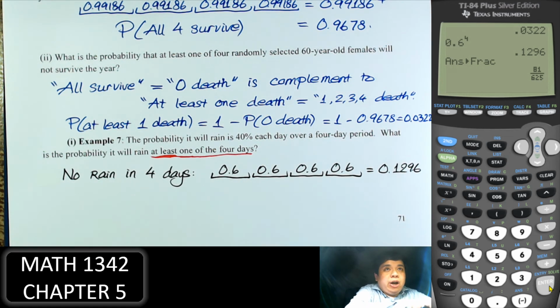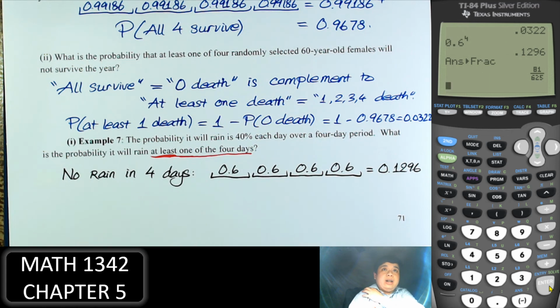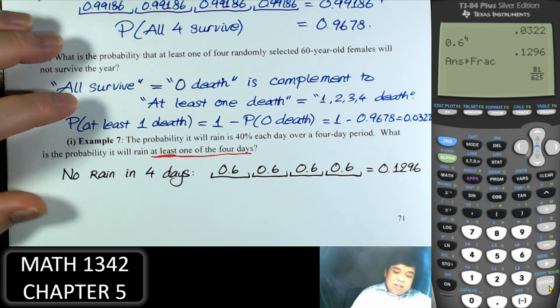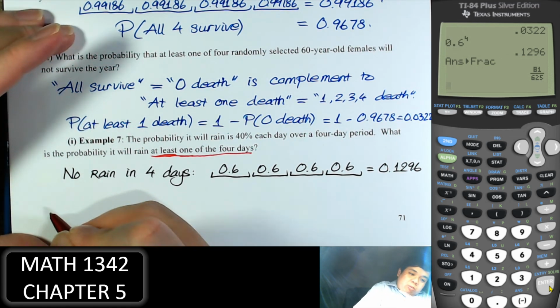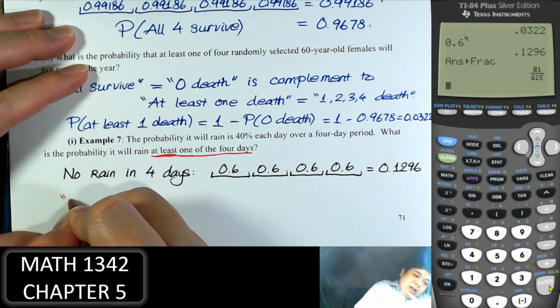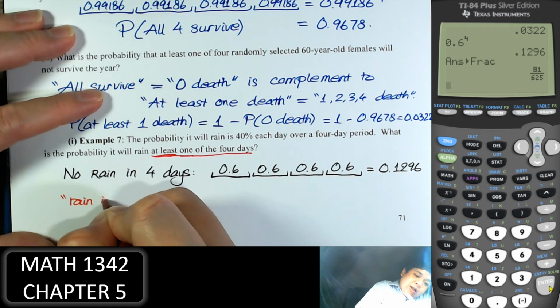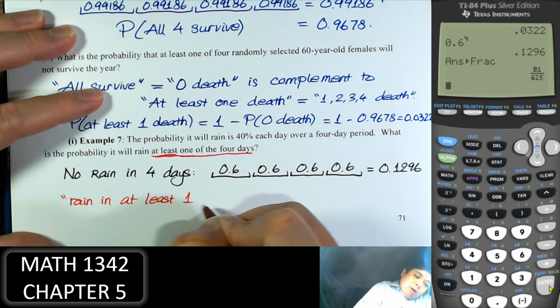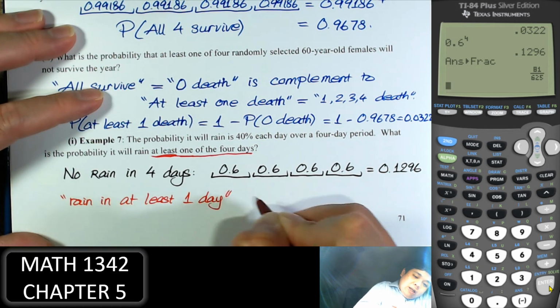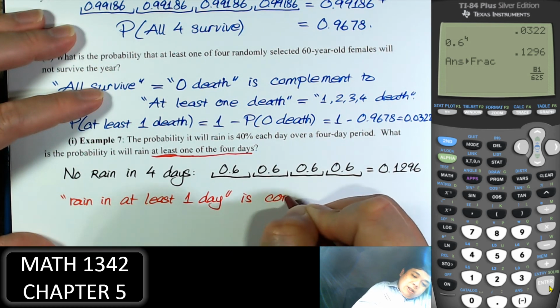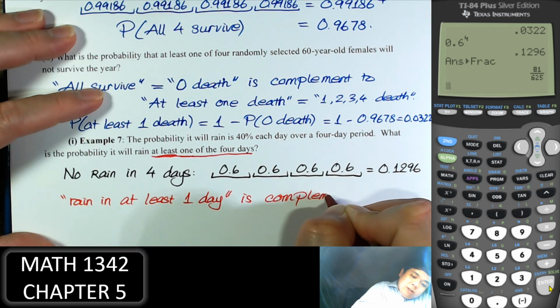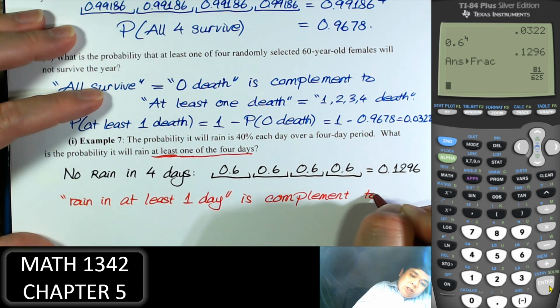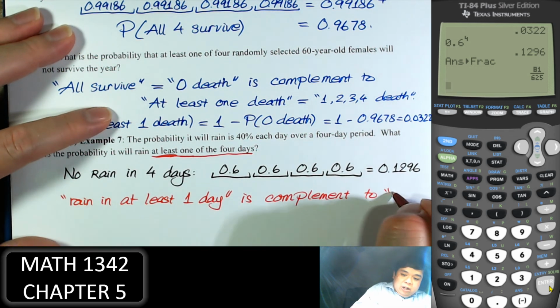Now, the complement to this is at least 1 rain in at least 1 day. So rain in at least 1 day is the complement to no rain.